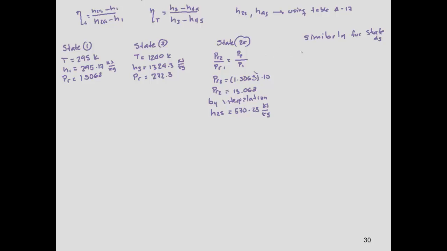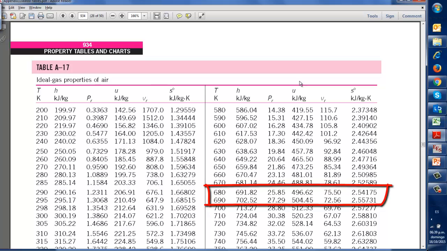We do similarly for state 4s. We'll have PR4 divided by PR3 equals P4 over P3. PR4 will be 272.3 divided by 10. So we need to look for this value, and we notice that it is in between these two numbers.